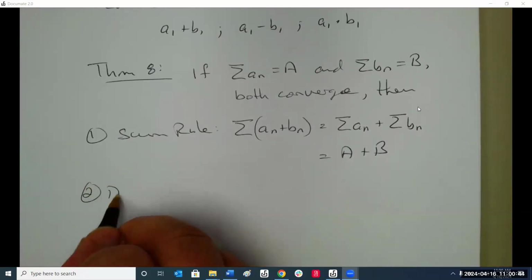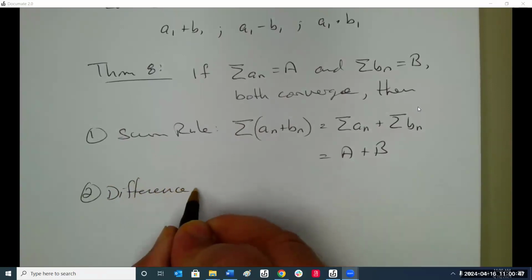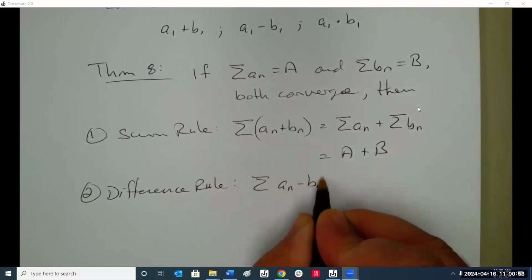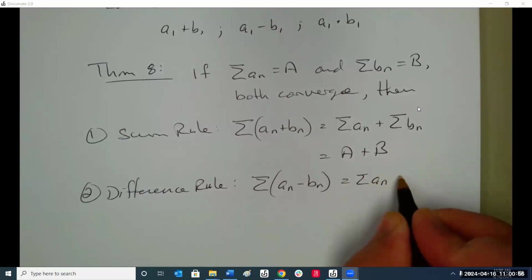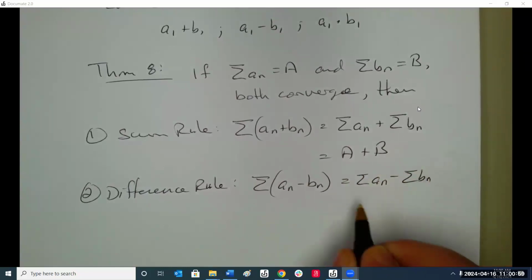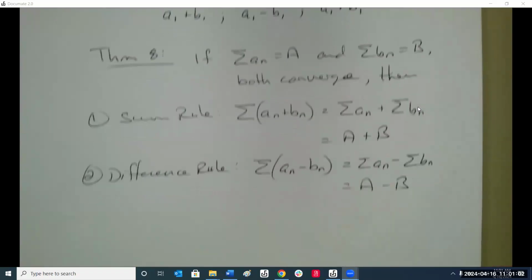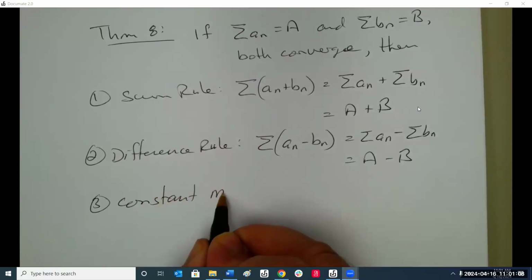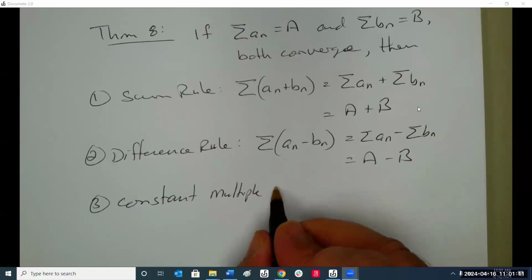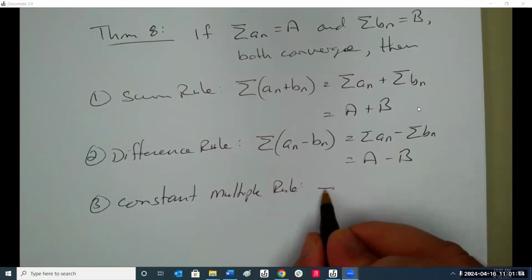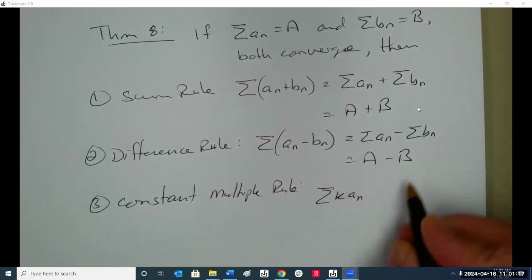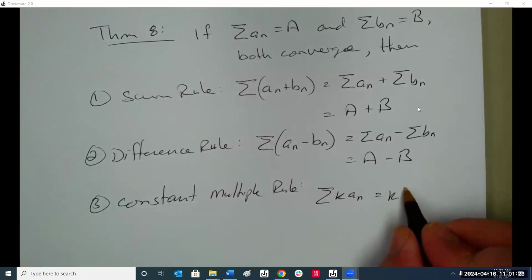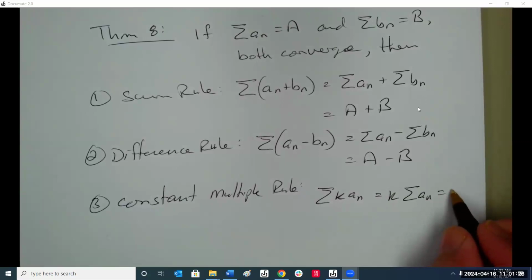And we have the difference rule: summation of A sub n minus B sub n, summation of A sub n minus summation of B sub n equals A minus B. Constant multiple rule: the summation of K times A sub n is the same, take that constant term out, which is KA.